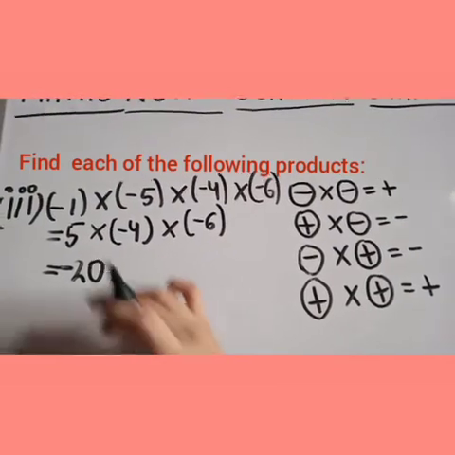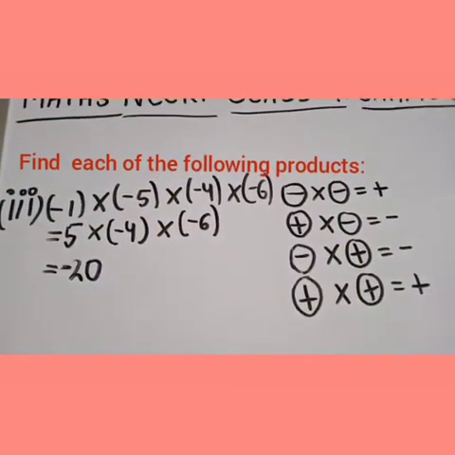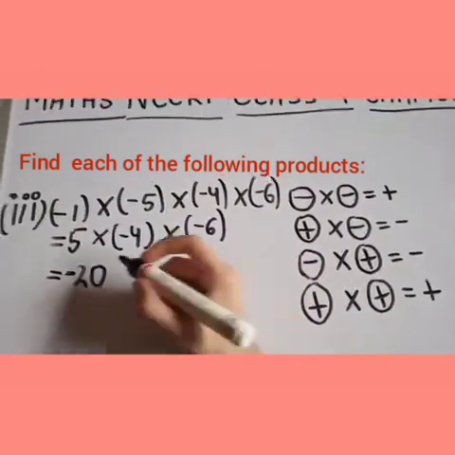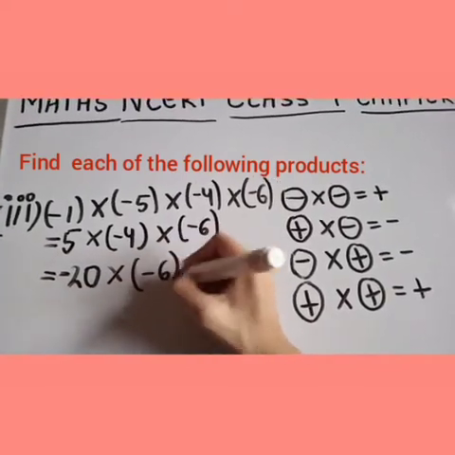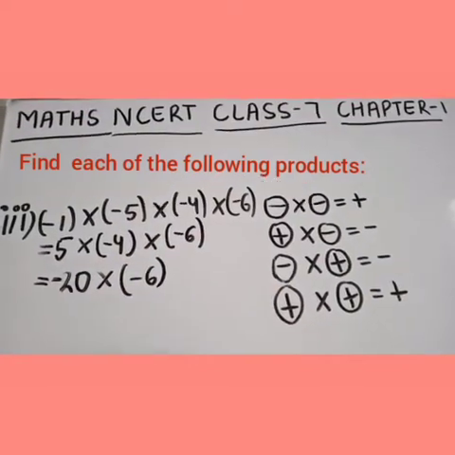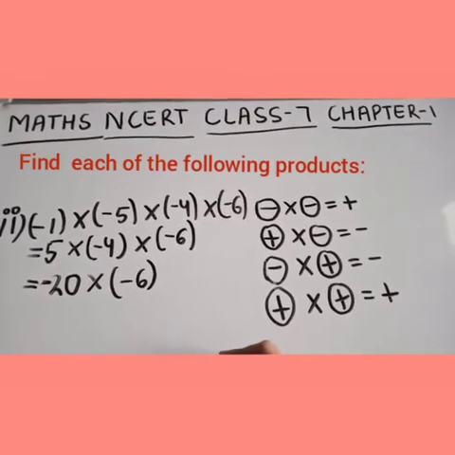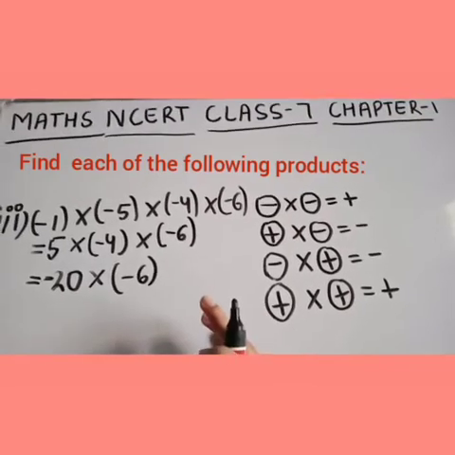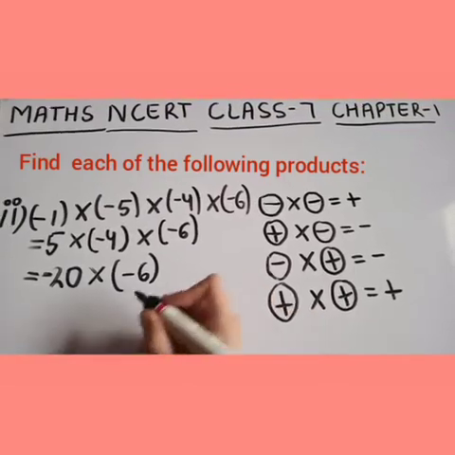After that, we have into minus 6. Now let's multiply 20 by 6. Before that, ignoring the signs, we will focus on the numbers.